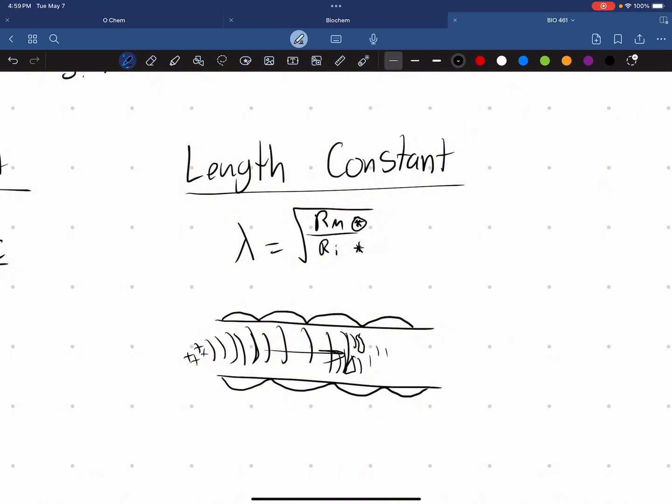So because the membrane resistance contributes to the length of the sphere of influence traveling down the neuron, and the internal resistance is inhibitory for it, the length constant is the actual distance that the sphere of influence is able to travel down the neuron. And it is calculated by taking the membrane resistance, dividing it by the internal resistance, and finding the square root of that.